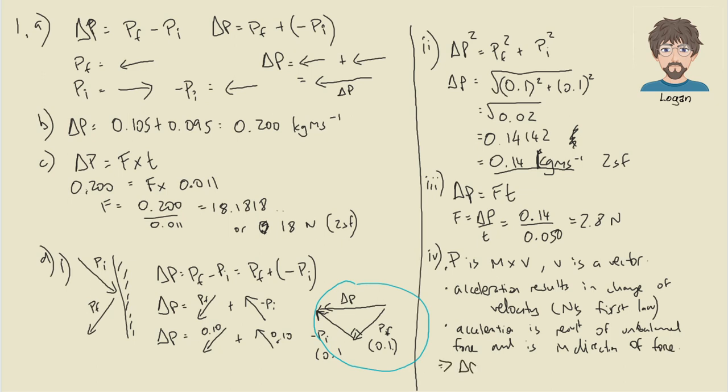Therefore, the change in momentum is in the direction of the unbalanced force. So the change in momentum is a result of acceleration, and the acceleration is in the direction of an unbalanced force, so the change in momentum is in the direction of the unbalanced force. That's the explanation I would give there.